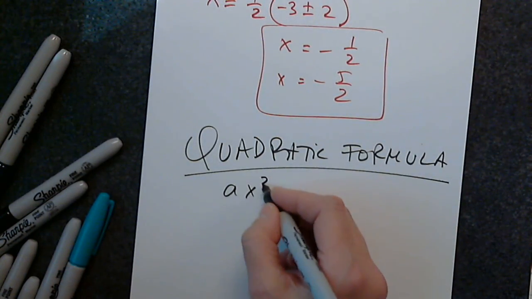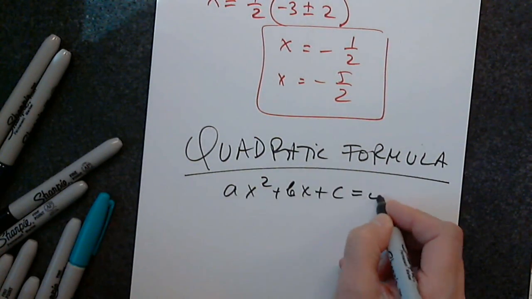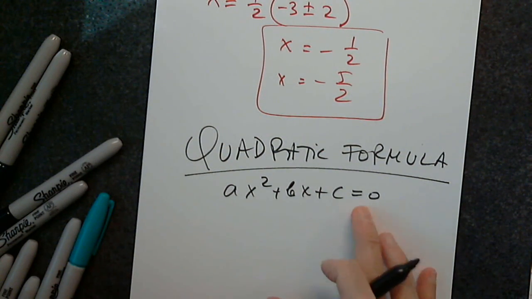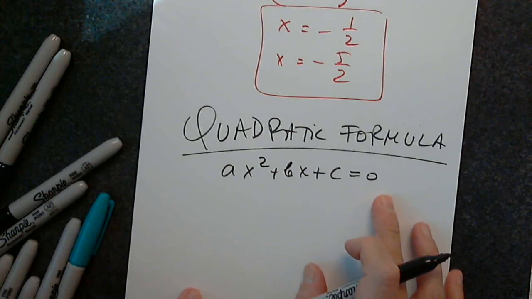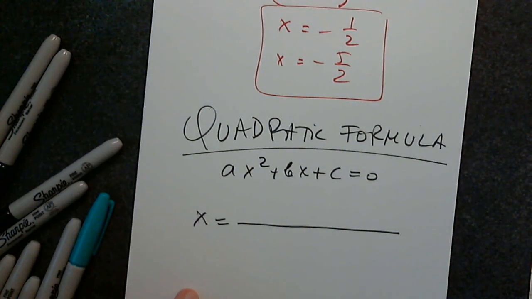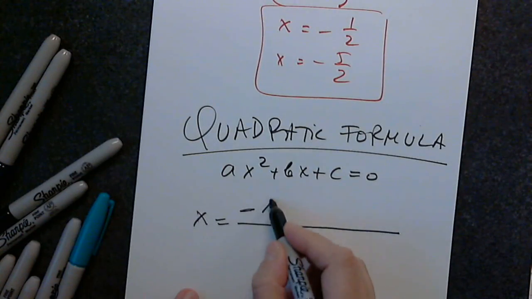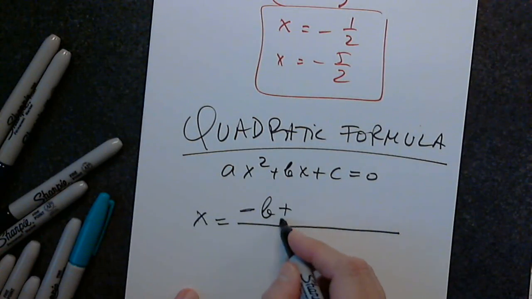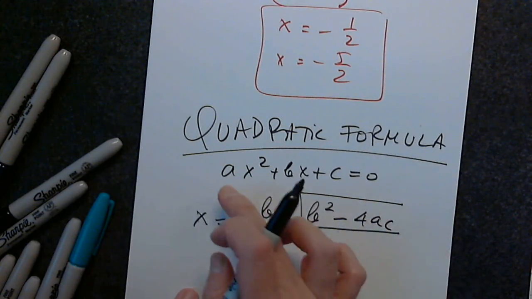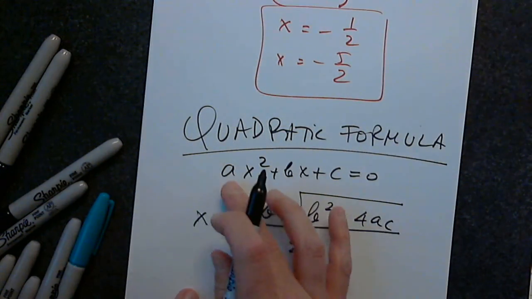Quadratic formula requires us to present the quadratic equation in this form, in descending order, equal symbol 0. And then there's a simple algorithm that we have to remember. Negative b plus or minus the square root of b squared minus 4ac, divided by 2 times a.